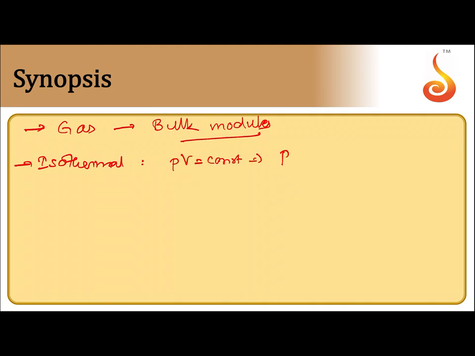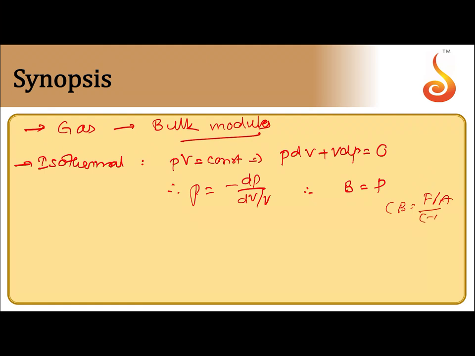That gives us P dV plus V dP is equal to 0, differential of this constant being 0. So, we have P is equal to minus dP divided by dV by V. So, bulk modulus is equal to P, because bulk modulus is equal to F divided by A divided by minus delta V by V. And this itself is B. So, F by A has the dimensions of delta P or dP. So, for an isothermal process, this is the equation.